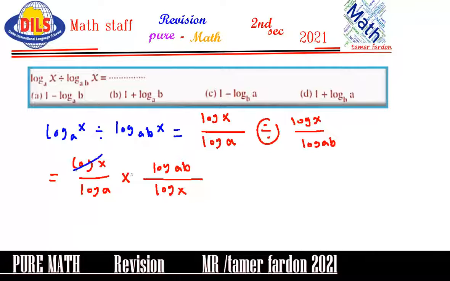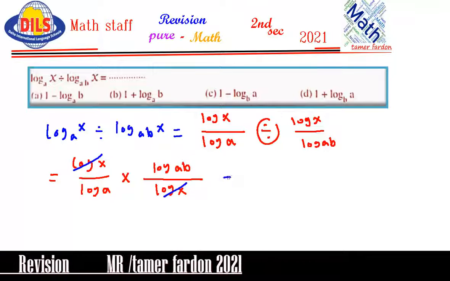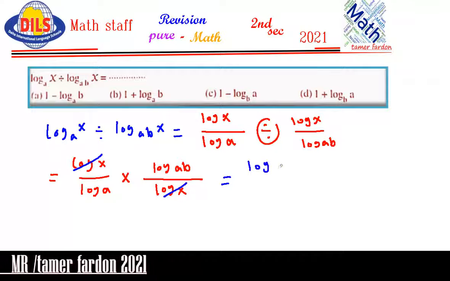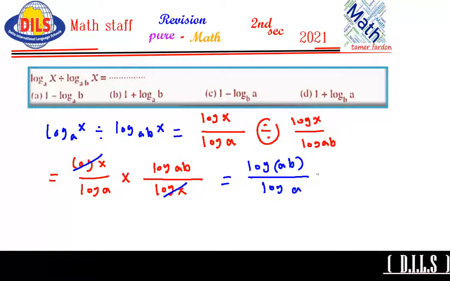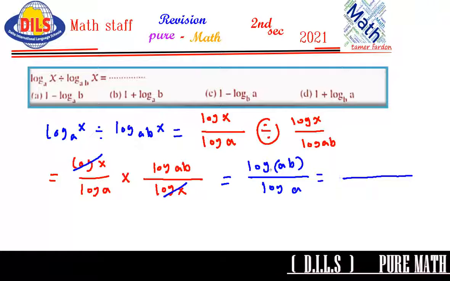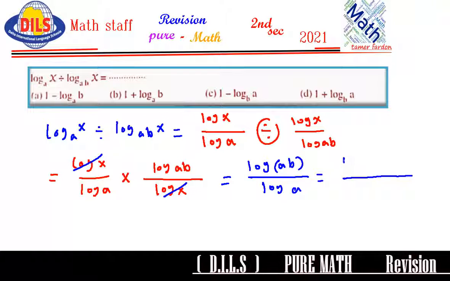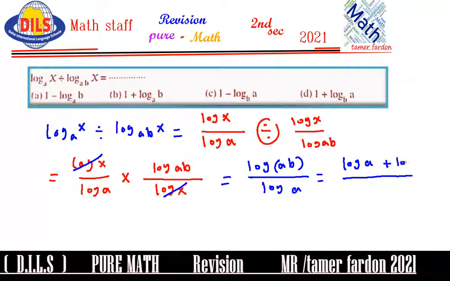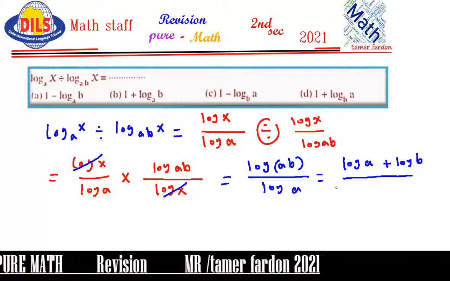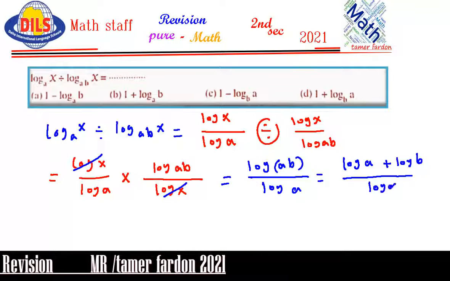Log x up and down, we get log ab over log a. This equals log ab is equal to log a plus log b, over log a.